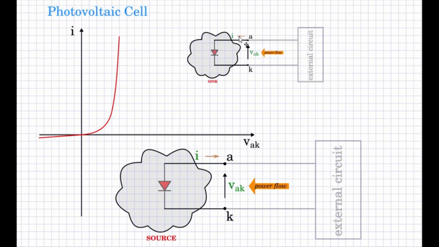If this was supposed to be the positive direction of the current flowing into the terminal, negative would be the direction of the current flowing out of the terminal, and the object here, the diode in this case, plus something else, will act as a source, and the power is actually now flowing out of the terminal, because the product of these two will result in a negative value, which means negative power.